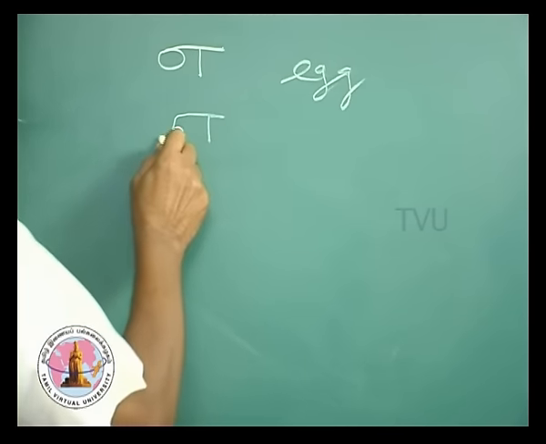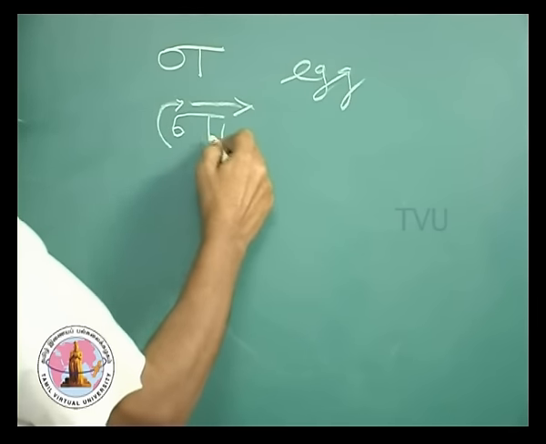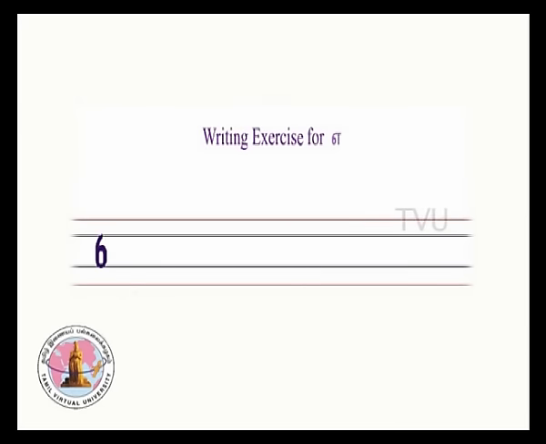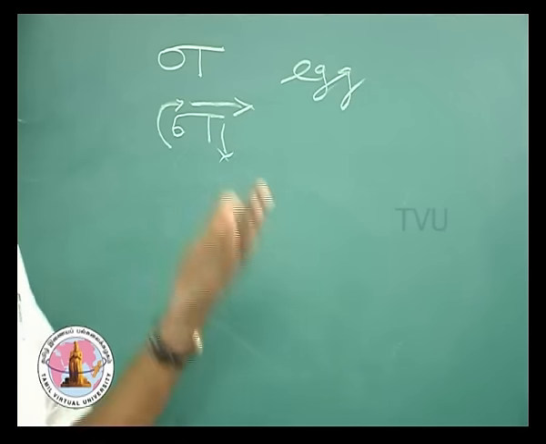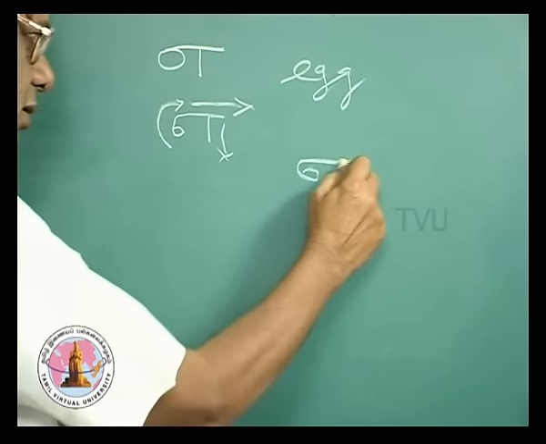Again. This is the way it is written. Now you have to practice it. This is A. Again we shall see how to write A.